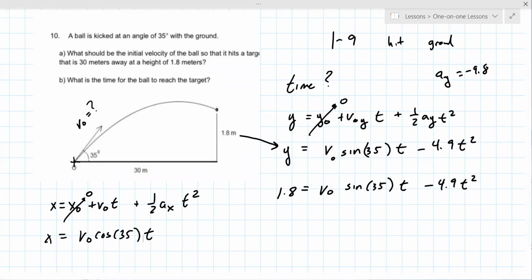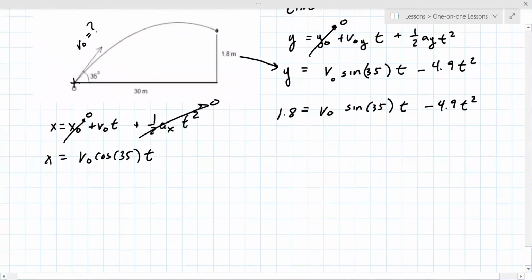Always 0. So this is all we got here. Now, we also know the x value. You might be saying, how do we know that? Well, that's how far it went, 30 meters. We don't care that it didn't hit the ground. So this is 30 equals v0 cosine 35 t.